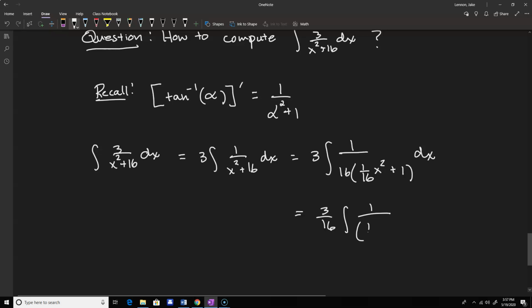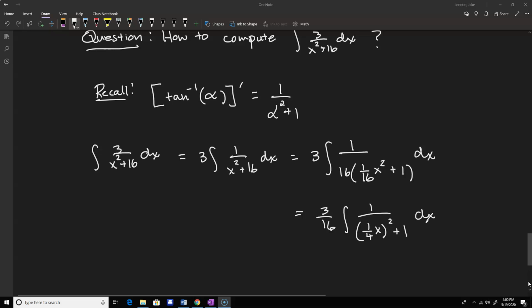So I can write this as 1/4 x quantity squared plus 1. I've written that in such a form that it looks like the derivative formula for the inverse tangent that we have above. So I can complete that by performing one u substitution inside there.